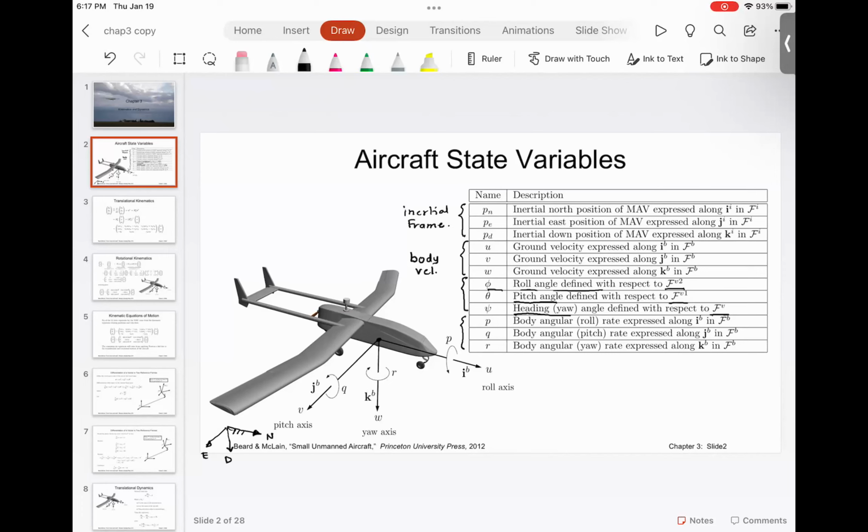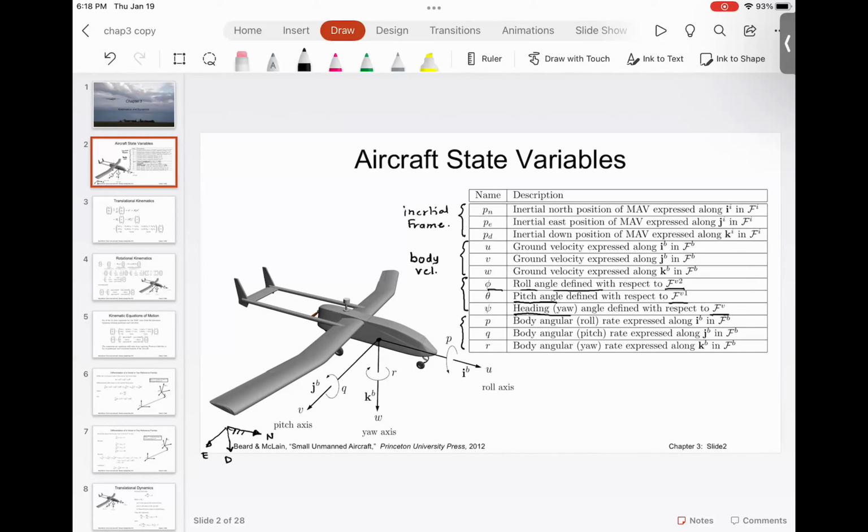So 3 translational velocities are U, V, and W, and the rotations about north or X is P, rotation about the east is Q, and the rotation about D is nothing but R. So this aircraft has 3 rotations, which is basically north, so P, then Q, and then R. So these PQR are the body rotations.